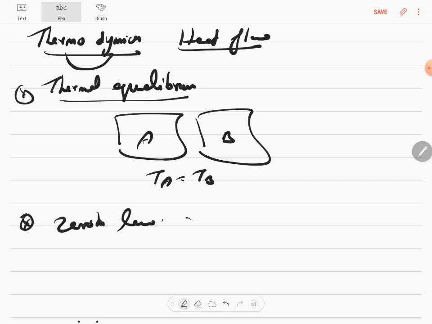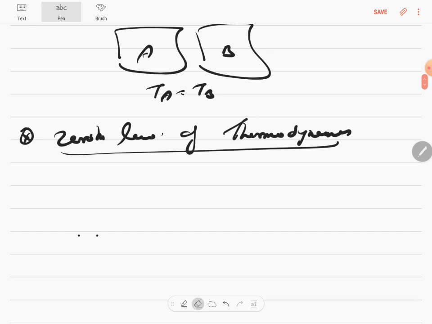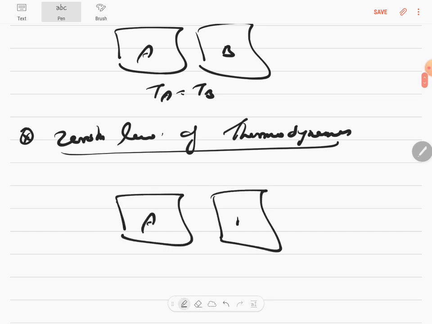The second thing that I taught you is the zeroth law of thermodynamics. What is the zeroth law of thermodynamics? Supposing you have a system A and system B which are separated by an adiabatic wall. An adiabatic wall is like a flask wall which is non-conducting, insulating, whatever you call it.